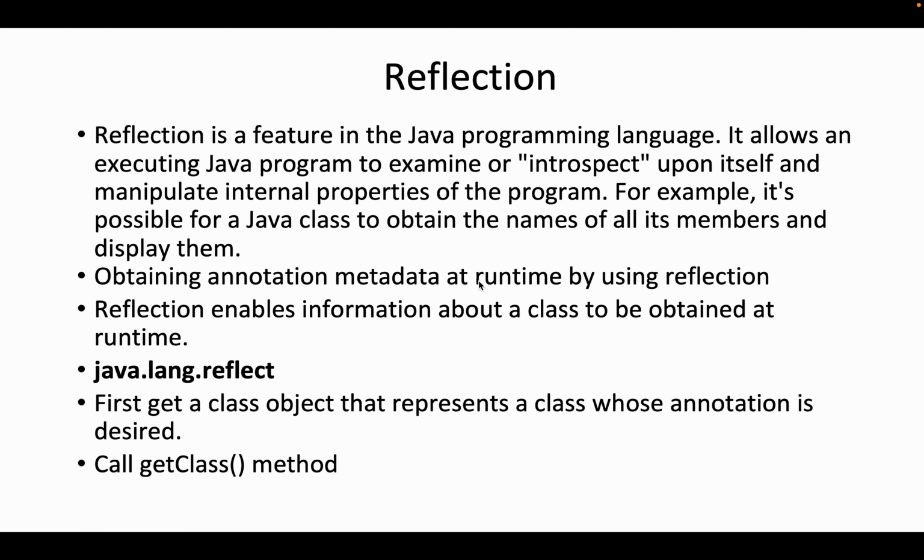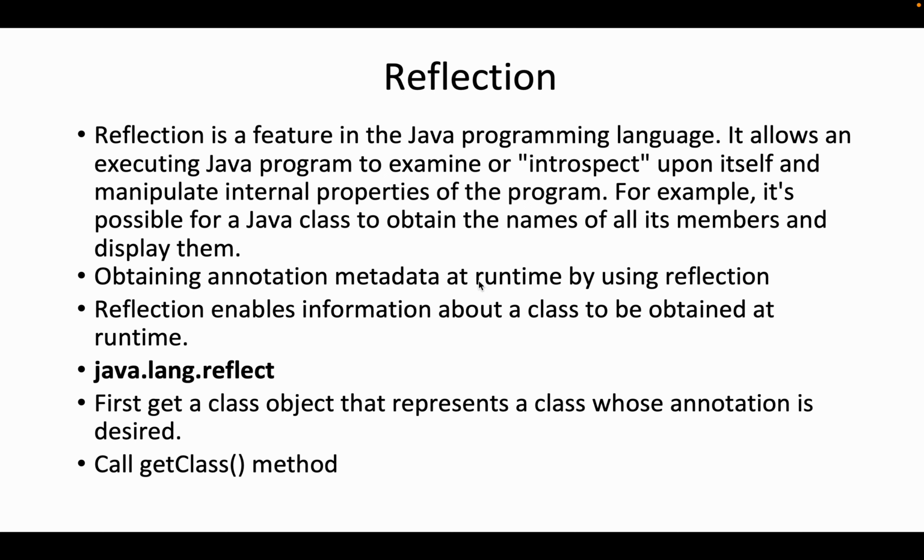Reflection is a feature in the Java language, and it allows an executing Java program to examine or introspect upon itself and manipulate internal parts of the class or the program. For example, it's possible for a Java class to obtain the names of all its members and display them, even if they are not allowed to be seen. Or you can just say that via reflection you are allowed to do that.